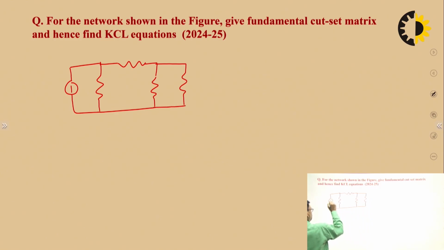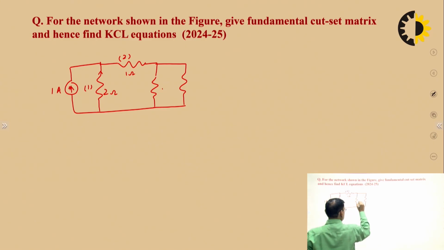It is a current source of 1 ampere, 2 ohm. This is branch number 1, this is branch number 2. It is not given, you have to just mark the branch numbers and the nodes, and you have to orient.